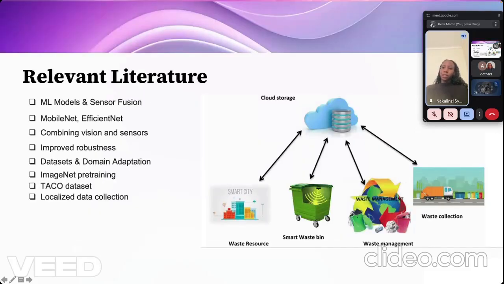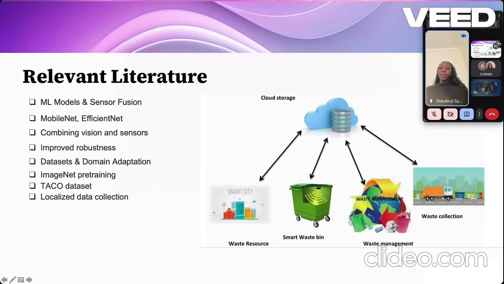The next slide talks about the relevant literature, where we have the machine learning models and sensor fusion. We have MobileNet and EfficientNet, and also combining vision and sensors to use the sensors to determine what is being seen and where the trash should go. That is how we are combining the vision and the sensors.